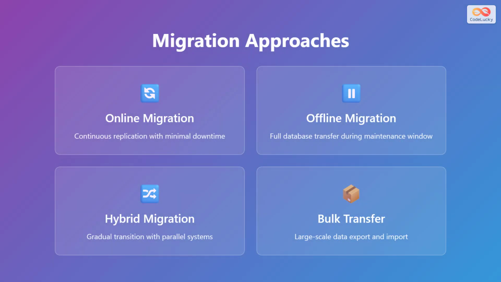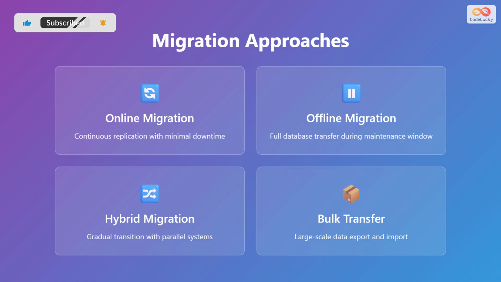Let's discuss the different approaches to executing your migration. Online migration uses continuous replication, allowing your database to stay operational during the migration with minimal downtime. Data changes are synchronized in real time between source and target databases. Offline migration involves transferring the complete database during a scheduled maintenance window when the system is not in use.